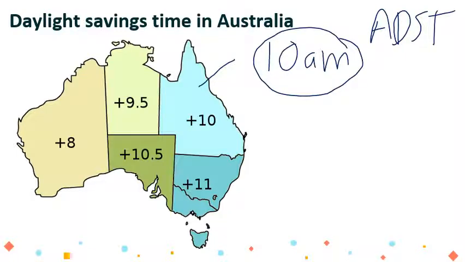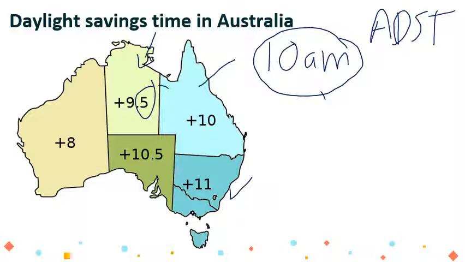South of the border in New South Wales, Victoria, ACT, and Tasmania, we are observing daylight savings time. So we've pushed our clock forward an hour. So instead of being 10 a.m., it's now 11 a.m. So there's a difference of an hour. We know that in Australian Central Standard Time, they're half an hour ahead, so they're 0.5 of an hour ahead. Northern Territory doesn't observe daylight savings time, so they're just half an hour ahead of Queensland.